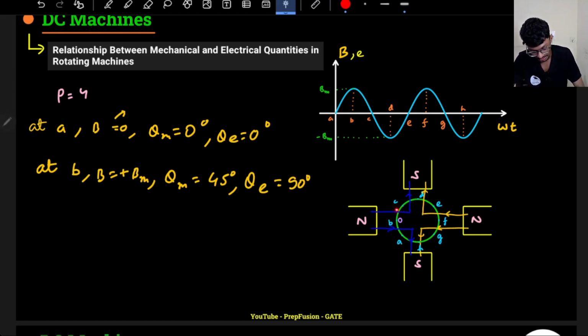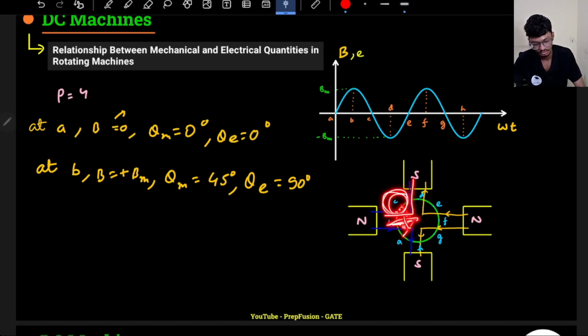Now if I am at point C, physically I have rotated a whole of 90 degrees from this point to this point. So this portion is 45 degrees, and I have rotated a whole of 90 degrees, right? Here what is the flux density? It is 0.